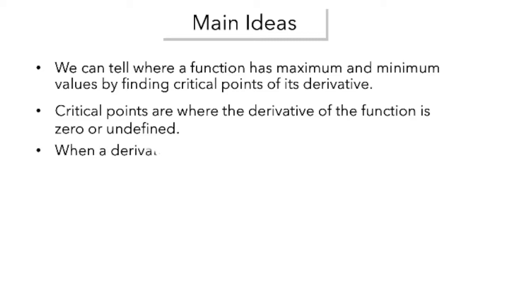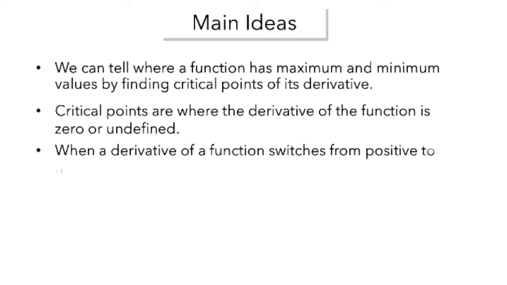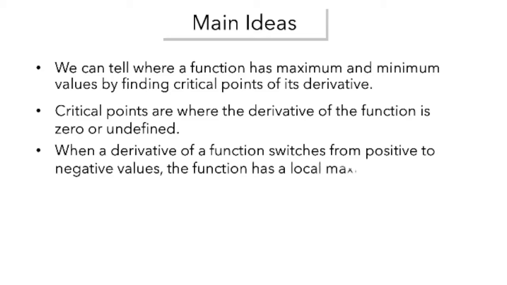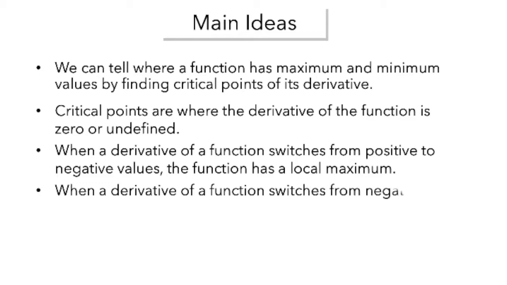When a derivative of a function switches from positive to negative values, the function has a local maximum. When a derivative of a function switches from negative to positive values, the function has a local minimum.